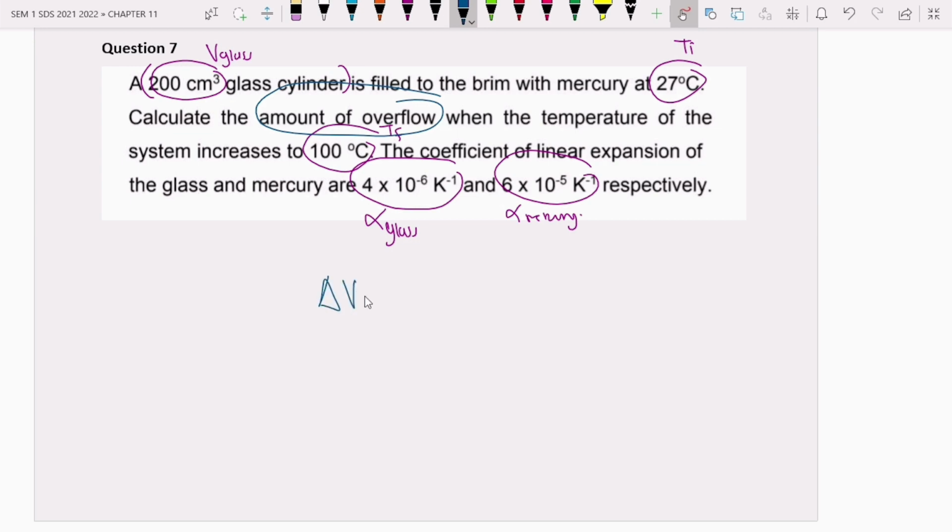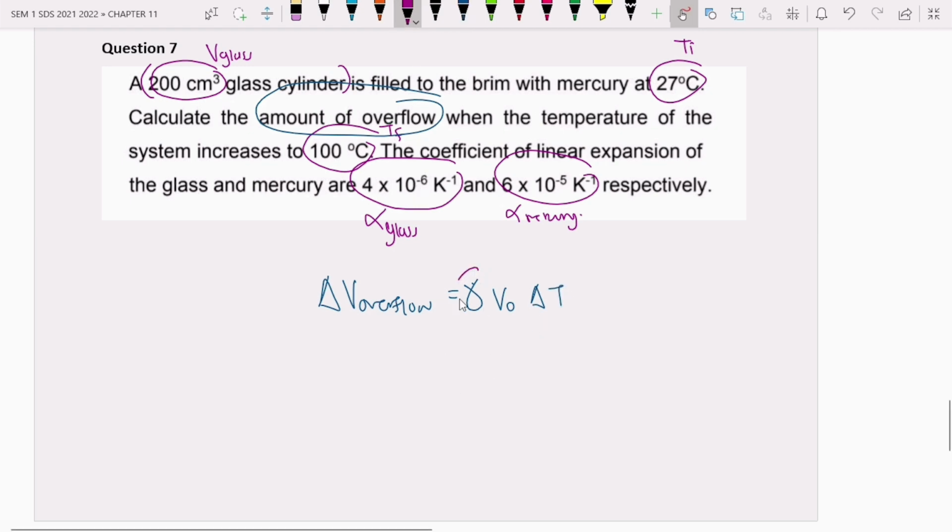So the change in volume overflow equals the coefficient of volume expansion times the initial volume times the change in temperature.